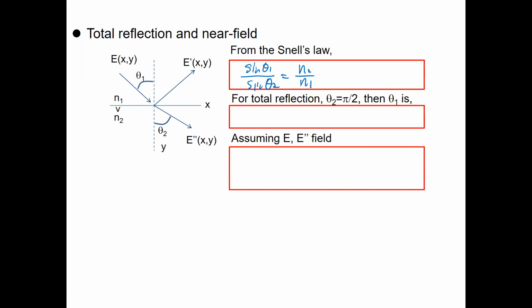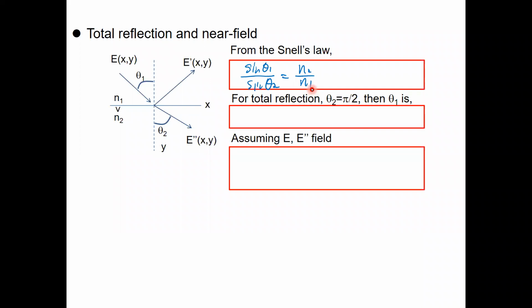As many of you know, if the light is irradiated from the higher refractive index side, the light is totally reflected at an angle larger than some angle, which can be understood by Snell's law, because in this case N2 is smaller than N1.